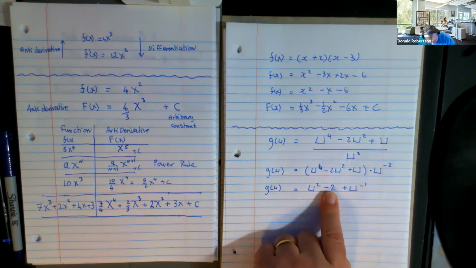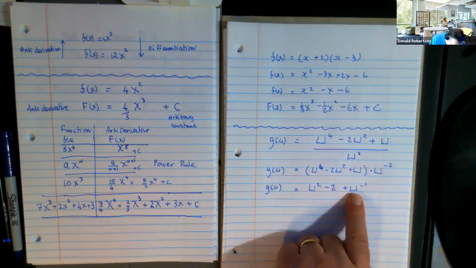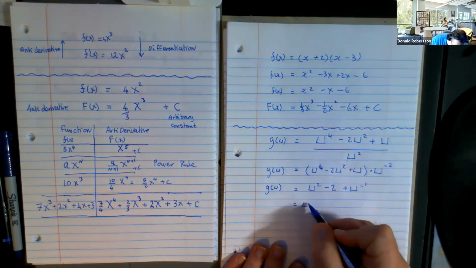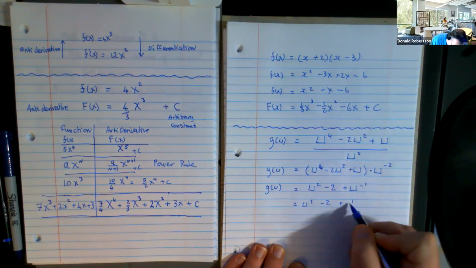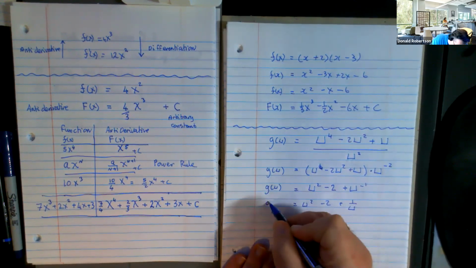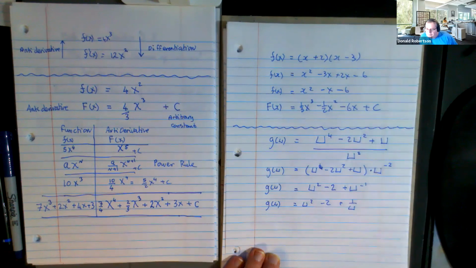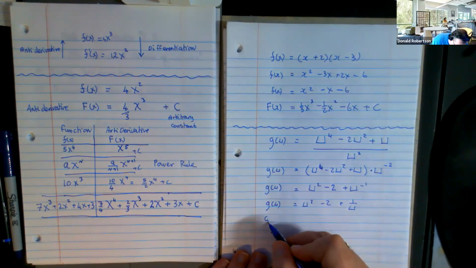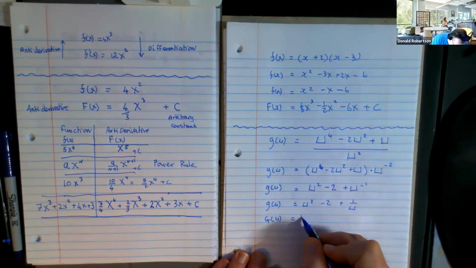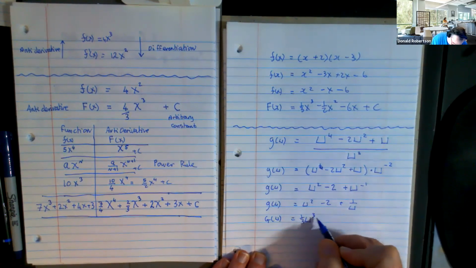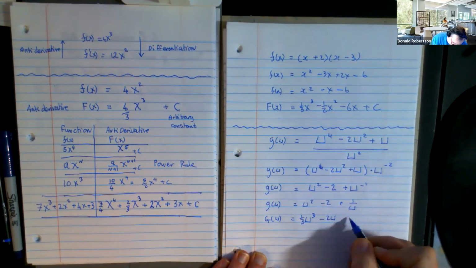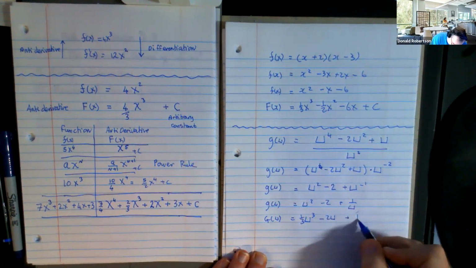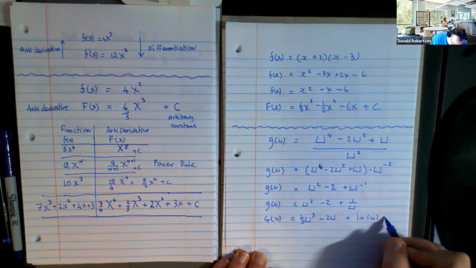This guy is okay for the power rule. This guy, however, isn't. Now he's good for the power rule. Antiderivative, add 1 to the power, divide by the new power. And this guy, oh, he's that log we did earlier today.